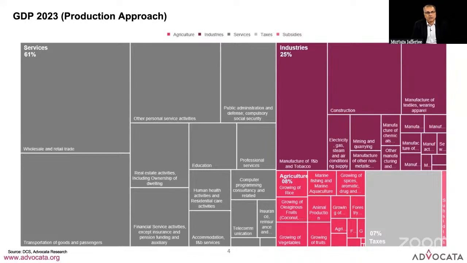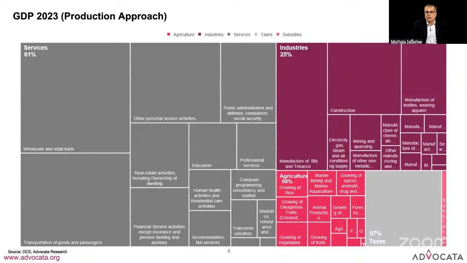We have a large amount of services, 61%. Industries, of which construction is a large component, because there's a manufacturing sector, and then construction and utilities. And then there is agriculture, which is about 8%. And then taxes are 7%.